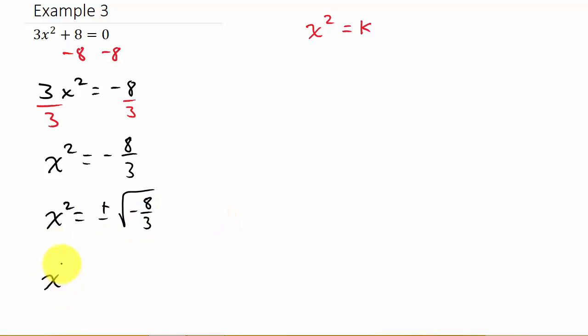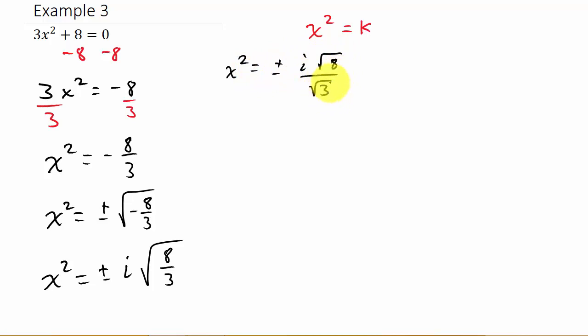Now what I can do, since I have the negative underneath, we know that's i times the square root of 8 thirds. Okay, remember your complex numbers. And so now I can still simplify this. So that's x equals plus or minus i square root of 8 over square root of 3. Now the square root of 8, that will simplify.